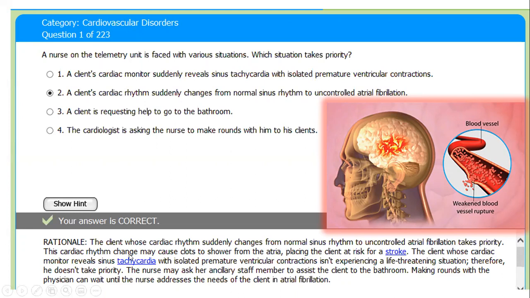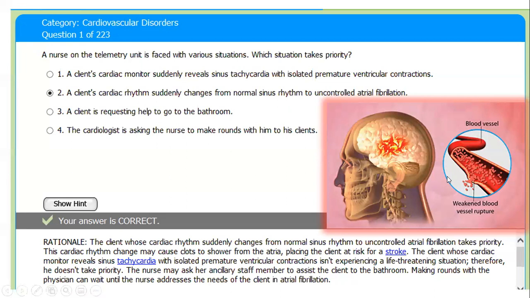This cardiac rhythm change may cause a clot to form in the atria, placing the client at risk for a stroke. What is a stroke? A stroke, also known as a cerebrovascular accident, shortly called CVA, occurs when the blood supply to the brain is reduced or blocked completely.